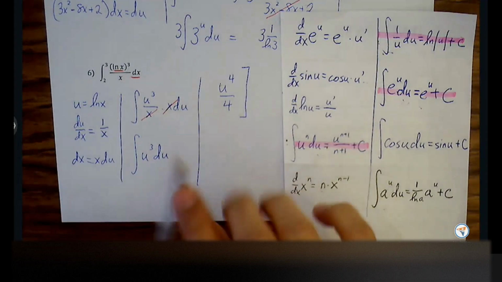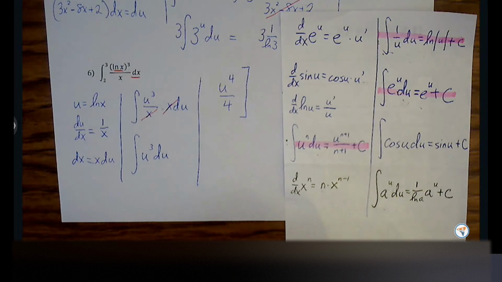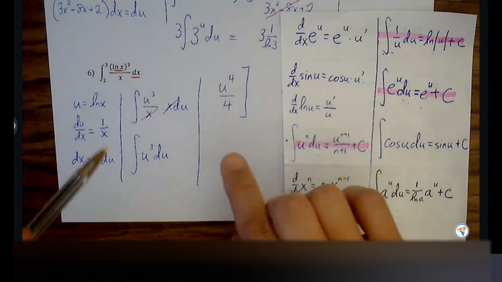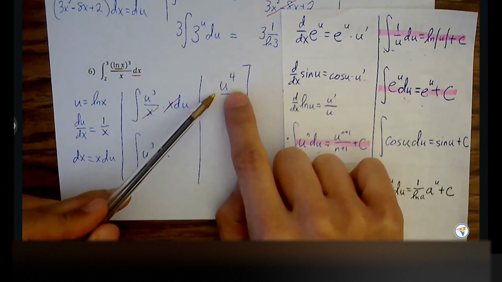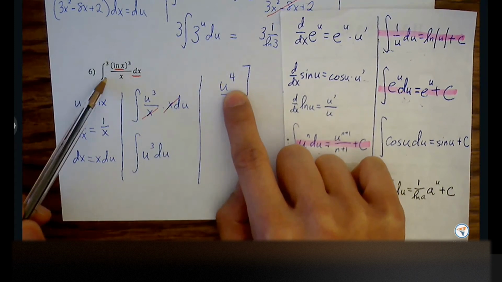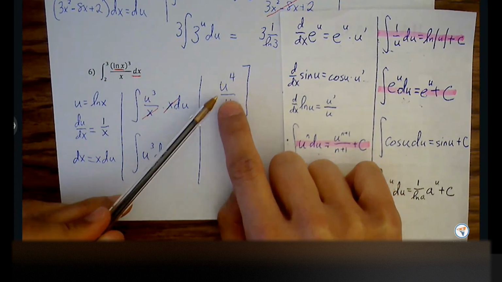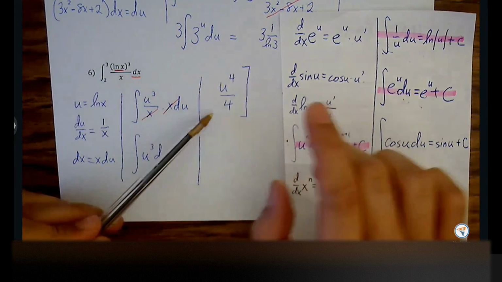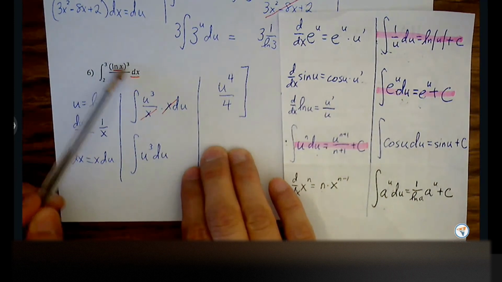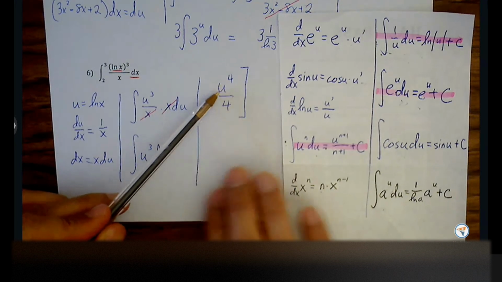No. Okay, and why is that? There's no spot for them to be put in because there's no x. Okay, good. Yeah, so either we convert the bounds in terms of u and then use this, or we bring this back in terms of x and then rely on the 3 and 2. And I think most students prefer bringing everything back in terms of x. So we'll bring this back in terms of x.